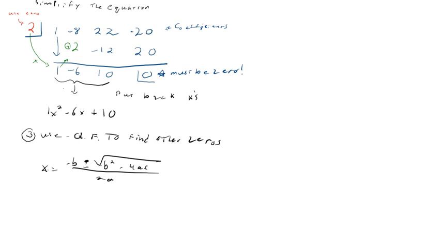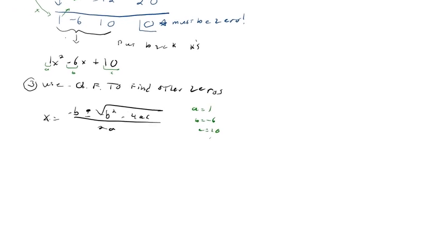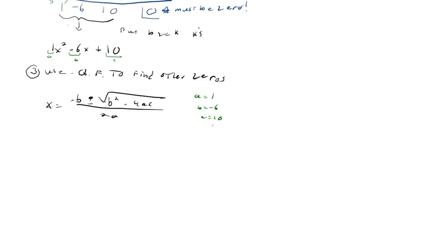Solve our problem here. So I'm going to get x equals negative, what's my b? B is negative 6, so plug in the negative 6 there. Plus or minus the square root of negative 6 squared. Make sure you're using parentheses all over the place.